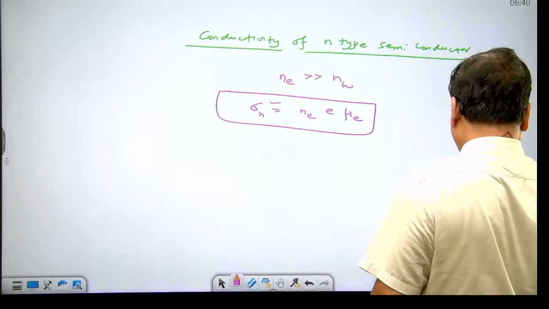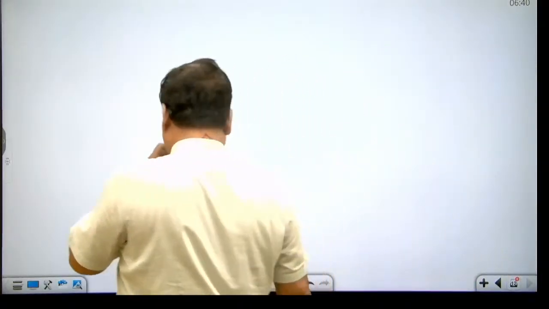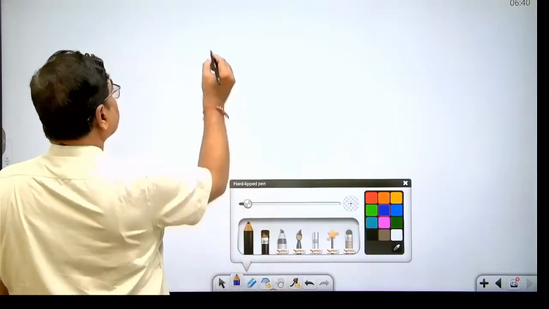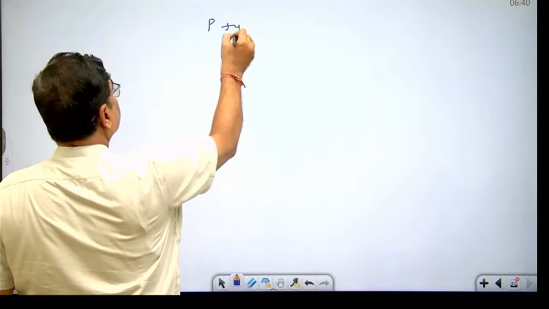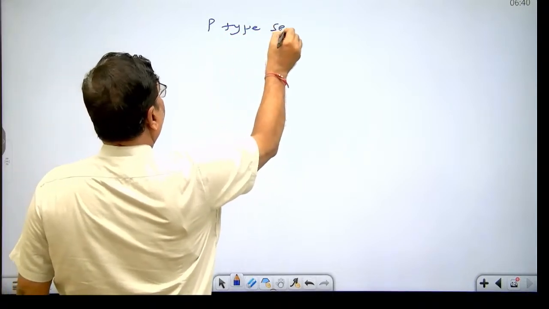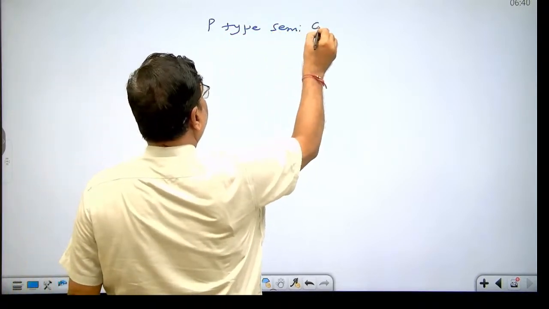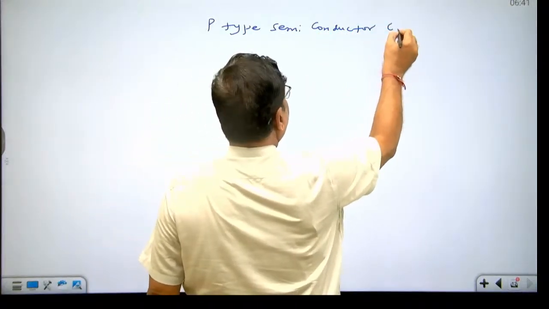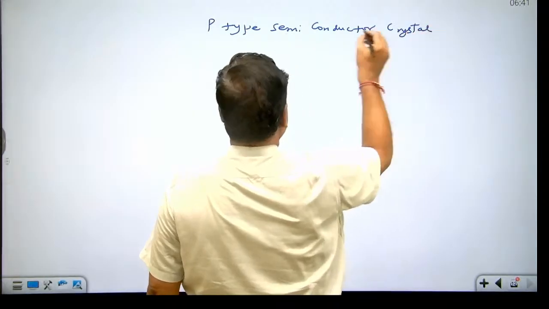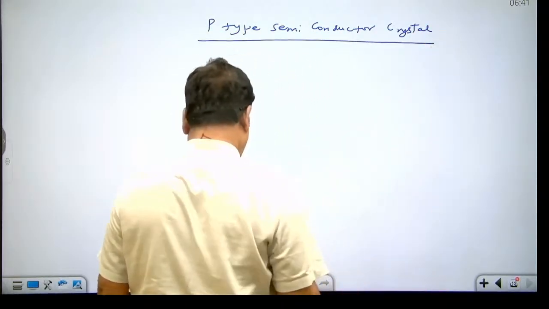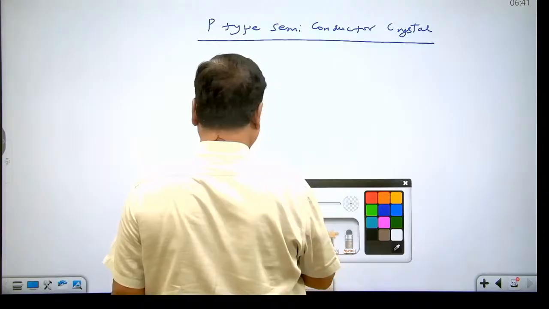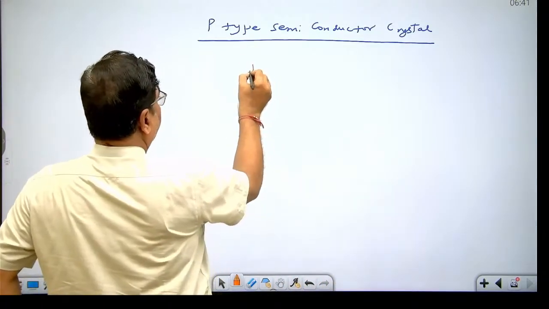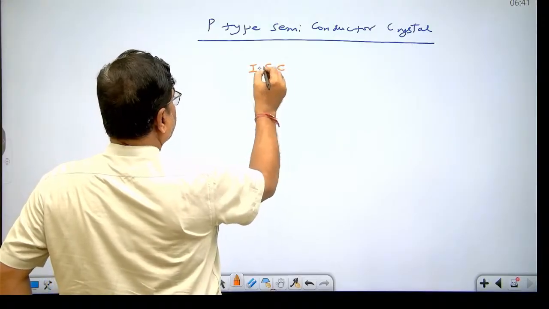Now, dear students, we will talk about P-type semiconductor crystal. The P-type semiconductor crystal is formed when a trivalent impurity like boron or aluminum is doped in a controlled manner.